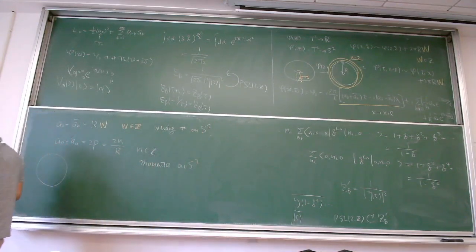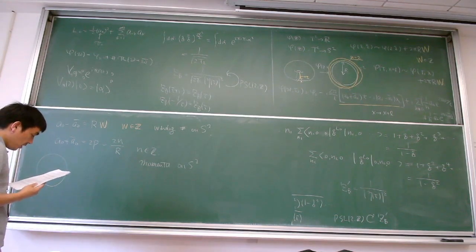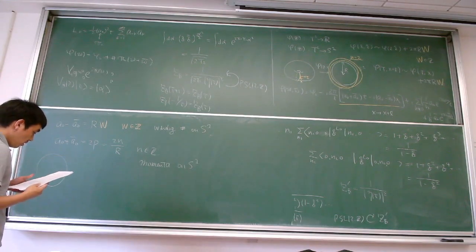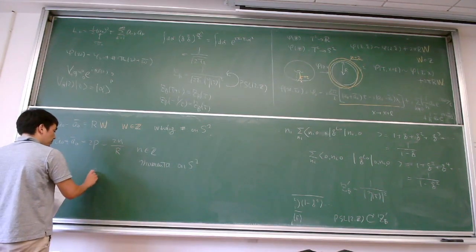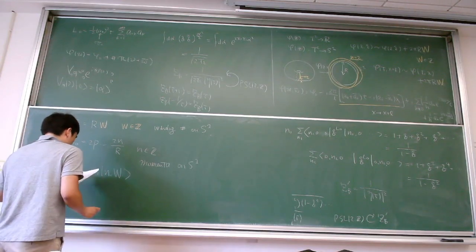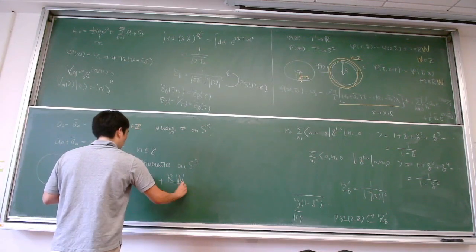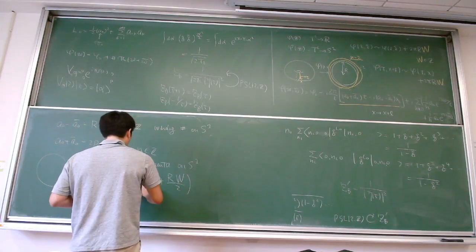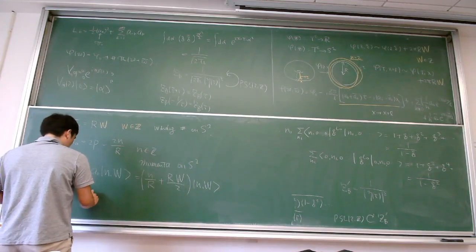So the vacuum state, or zero mode contribution, you can just have A0 acts on n and W, capital W, and then A0 bar.